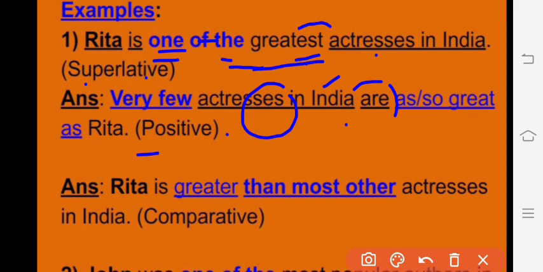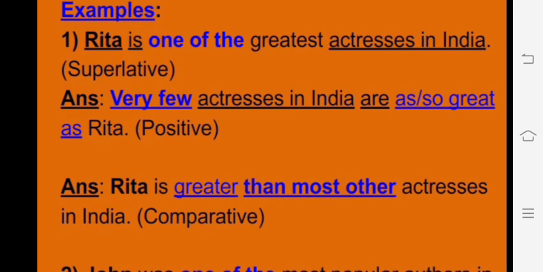Now with the same question, let us go for how to convert into comparative degree. Rita is one of the greatest actresses in India. The same sentence is given with one of the est. So remove the one of the est formation when you convert into comparative degree. Don't change the place of subject and object when you convert to comparative.